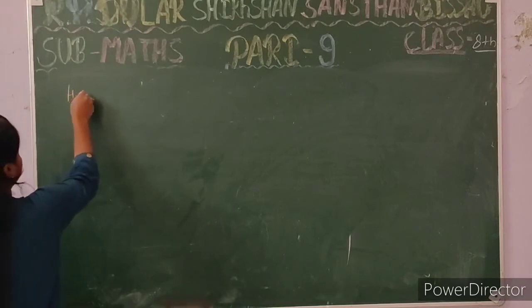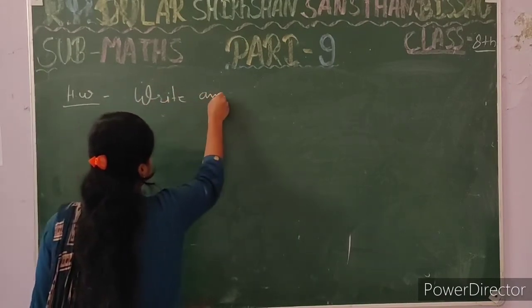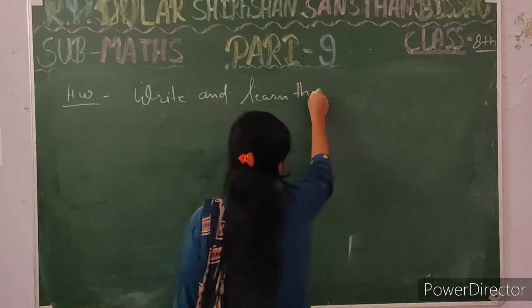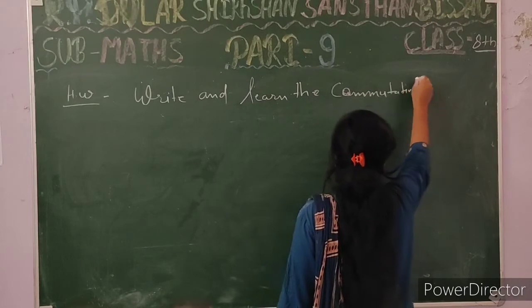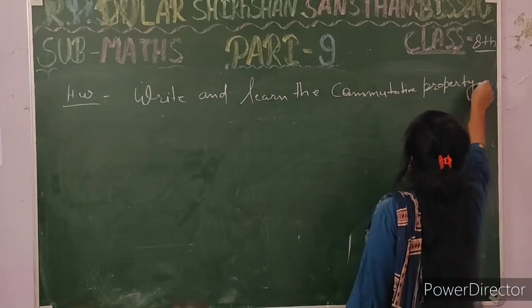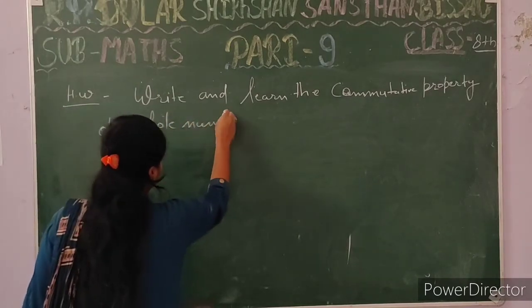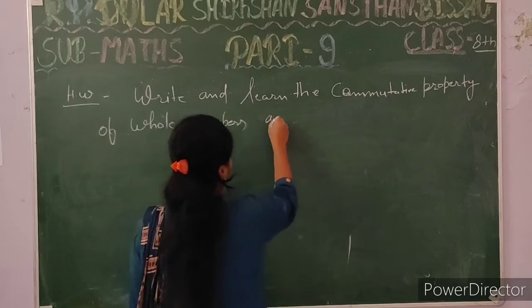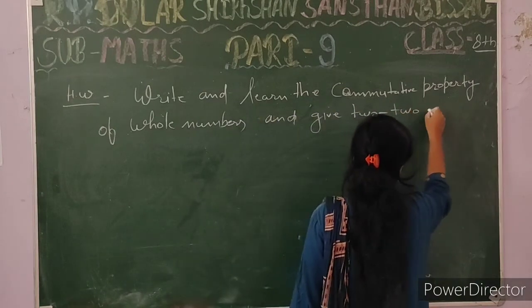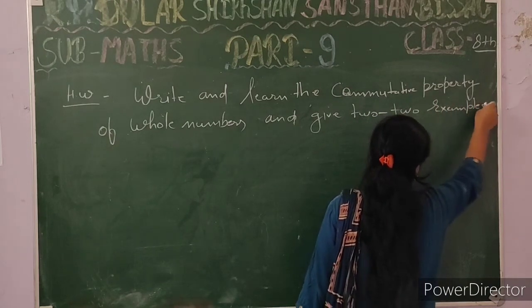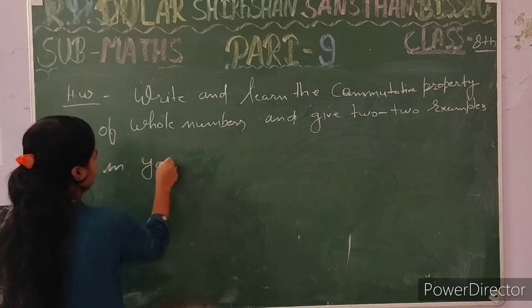Okay, so students, today's homework is: write and learn the commutative property of whole numbers and give two examples in your fair notebook.